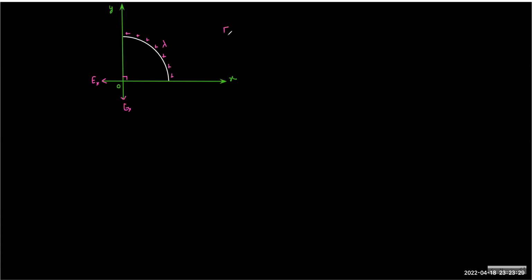The net value we know is 2k lambda by r sin 90 by 2, which is root 2 k lambda by r. So basically, each component is k lambda by r. That's the beauty of a quarter: each component is just k lambda by r.